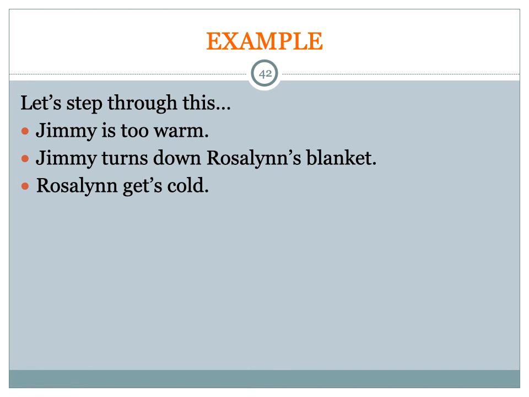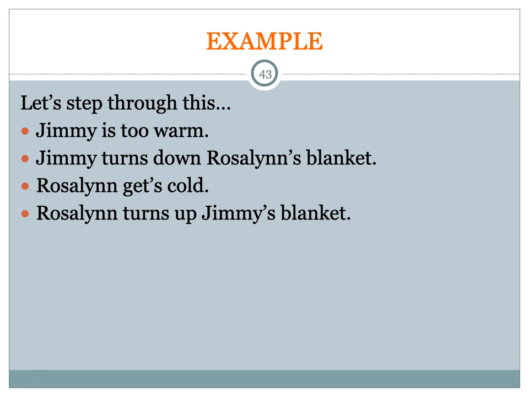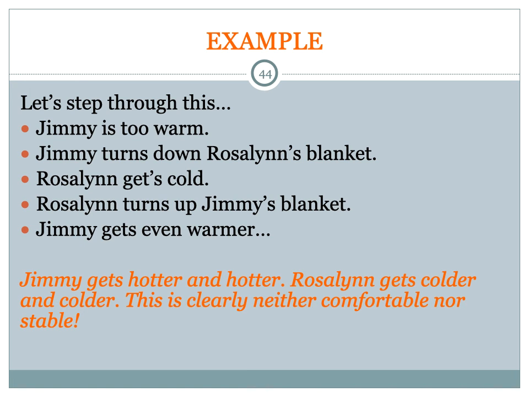Rosalind gets cold. So she turns up her husband's blanket. Uh-oh, he gets warmer still. Jimmy gets hotter and hotter. Rosalind gets colder and colder. Clearly, this is an unstable feedback loop.